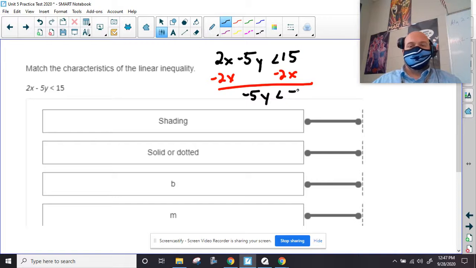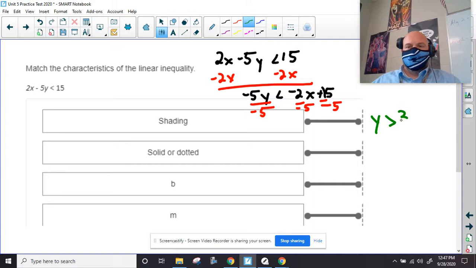Yes, 15 minus 2x because you cannot combine them. Y'all can see it now, right? Y'all are with me? All right. It's supposed to be a 15. All right. So after I divided and everything, we should have y is greater than 2/5 x minus 3.